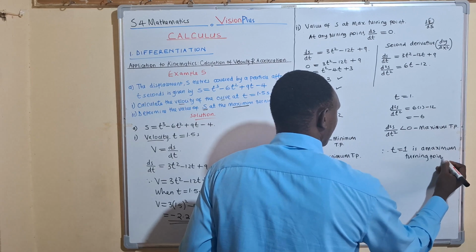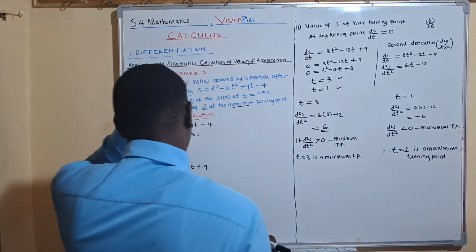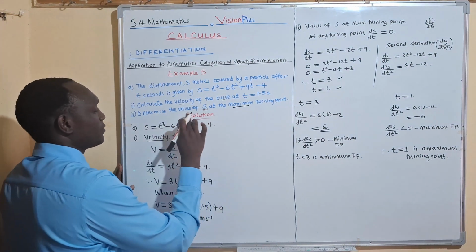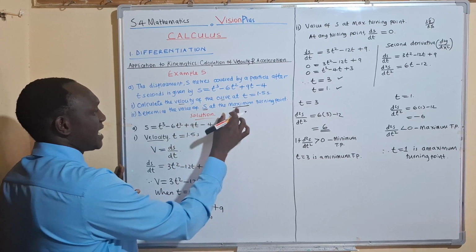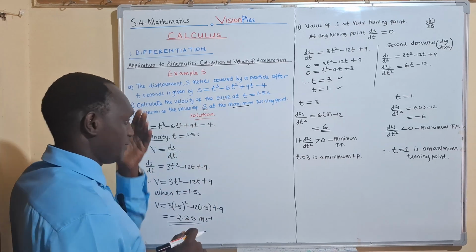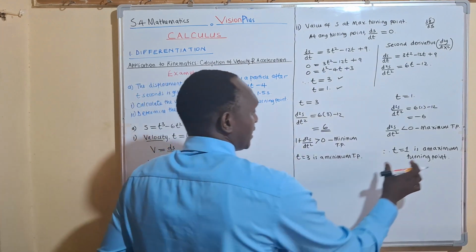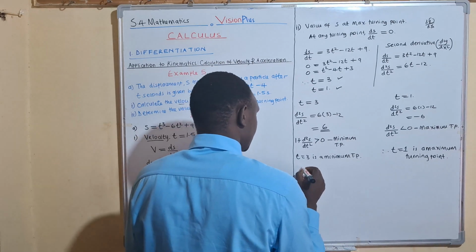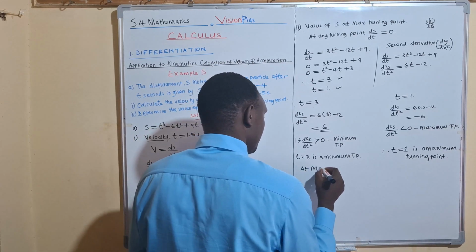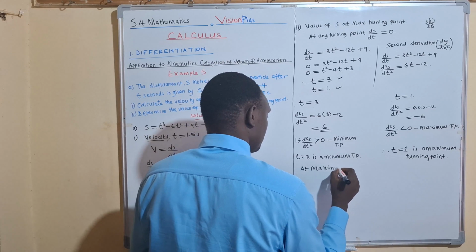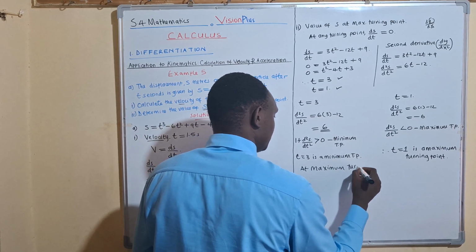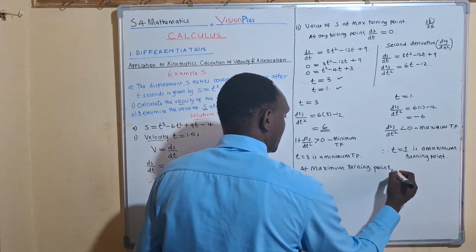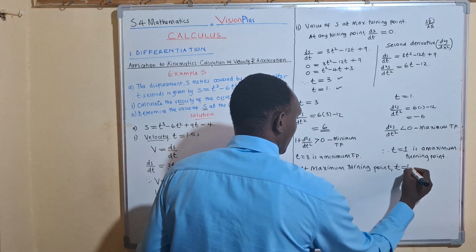Okay? So, if we look at our question here, it was asking for the value of s at the maximum turning point. So, if this is now the maximum turning point, then we say at the maximum turning point, our t is 1.